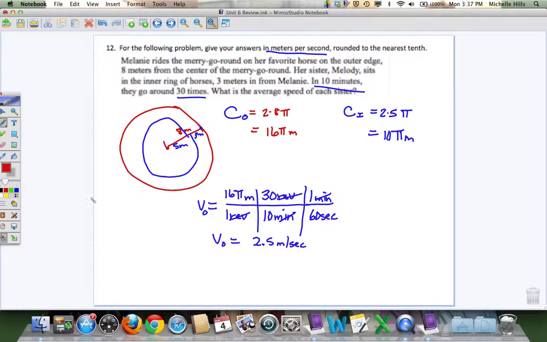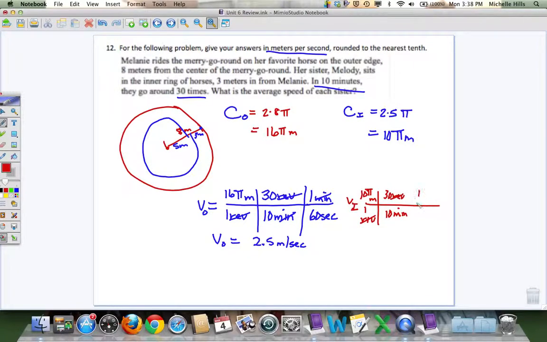Doing the same kind of work on the inner ring over here, well, to find that velocity, she travels 10 pi meters for every one revolution. She's still, same thing, she's going to make 30 revolutions in 10 minutes. That part's not going to change.